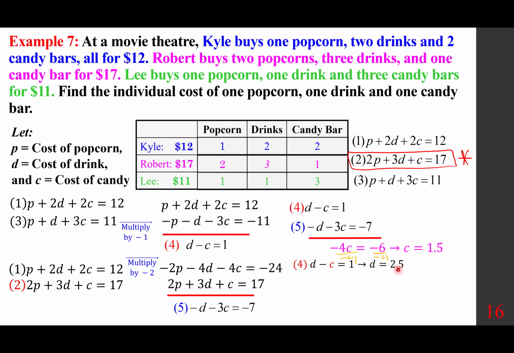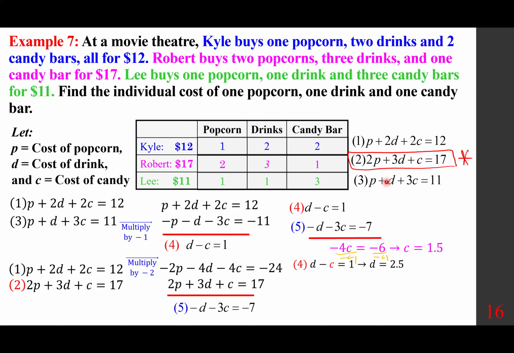Now we go with one of the original equations. Probably this one is easier because both of them have coefficient 1. So p plus d plus 3c equals 11.